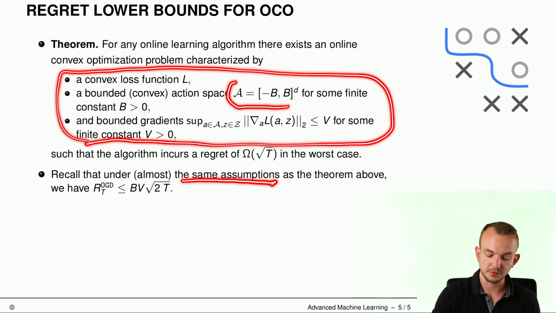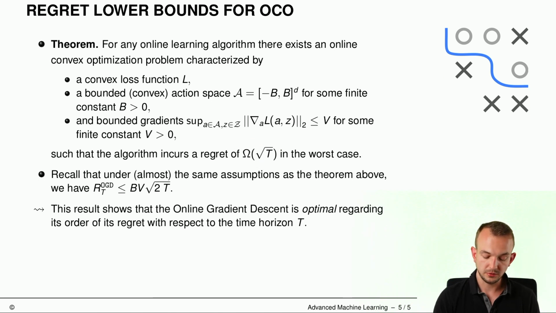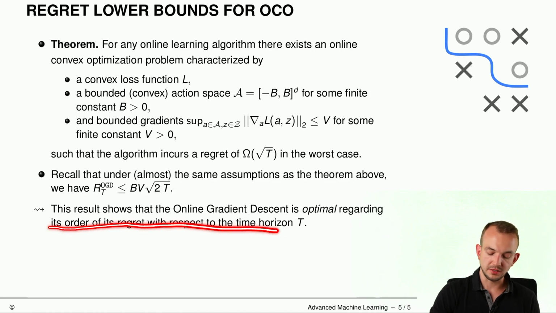Perhaps this here is a bit different, but well, we can also relax it. And still, the regret will grow as a square root of the time horizon. So, in a sense, this is showing us that online gradient descent is optimal with respect to its dependency on the time horizon.